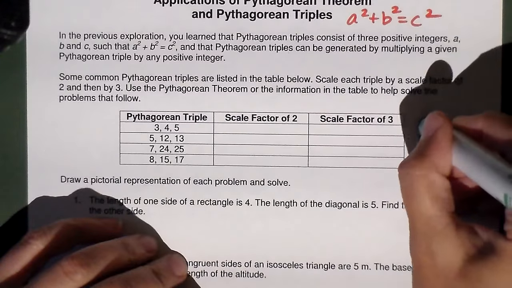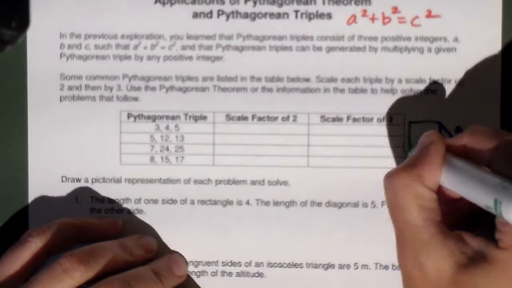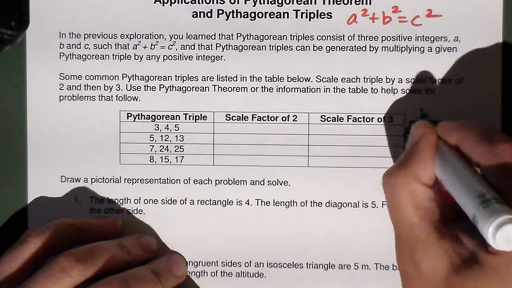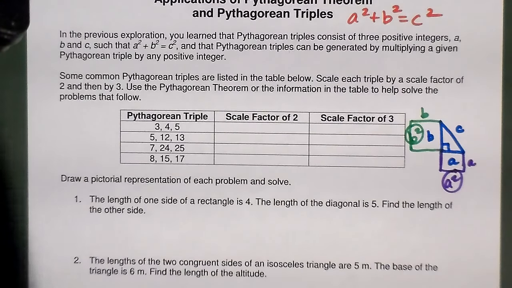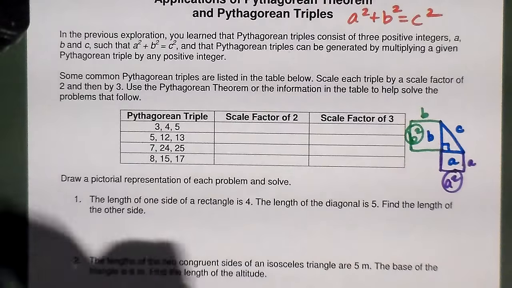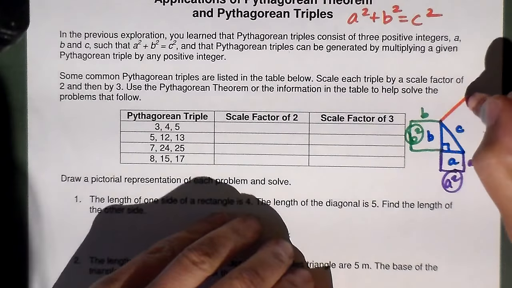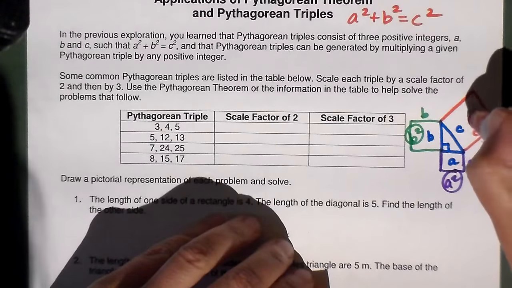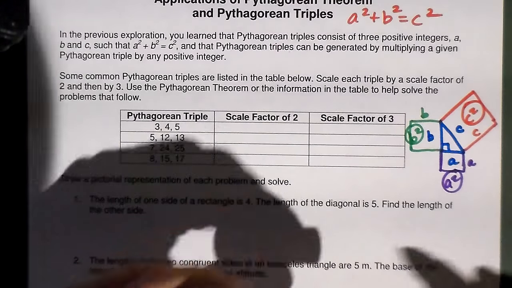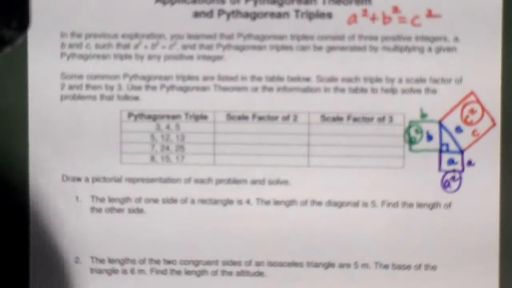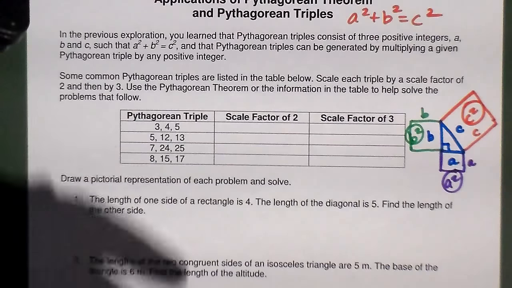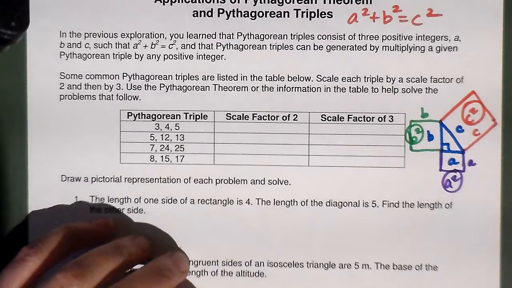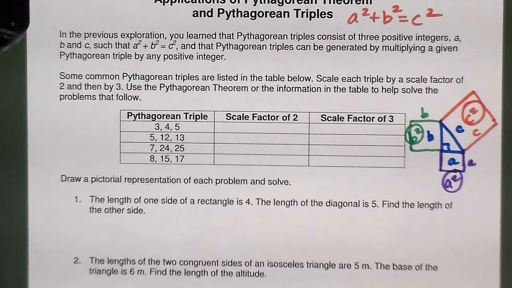Let's draw a square off of here, and we'll make this a B by B. The area of that is B squared. And then we'll take the square off of the hypotenuse and make that a C by C square, and the area of that is C squared. So what Pythagoras figured out is that the areas of the two smaller squares equal the area of the third. That is where the Pythagorean Theorem comes from.